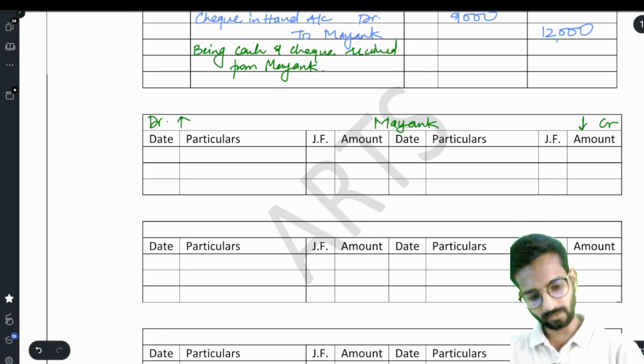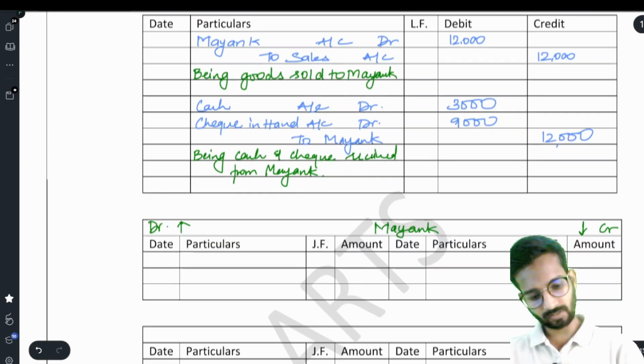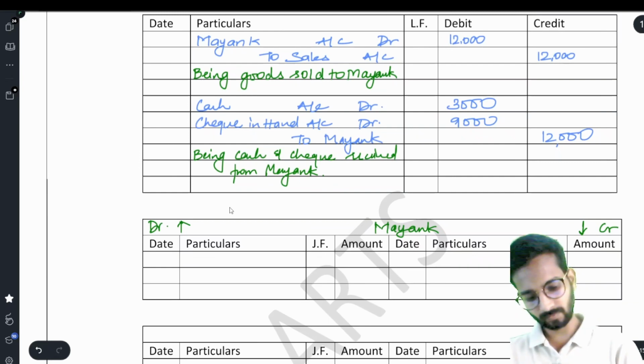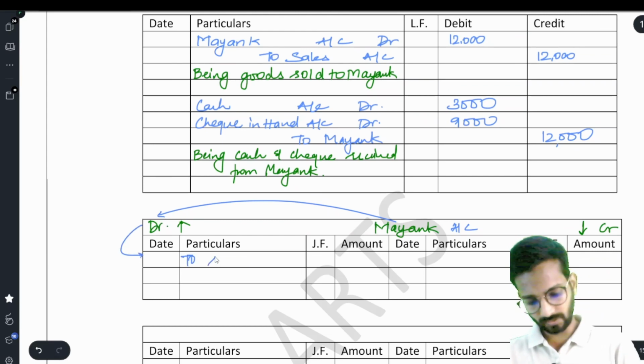Now moving further, we will prepare Mayank's account here. So you will write here, first is Mayank account debit to sales 12,000. Then what did Mayank give? Mayank gave cash and check in hand.